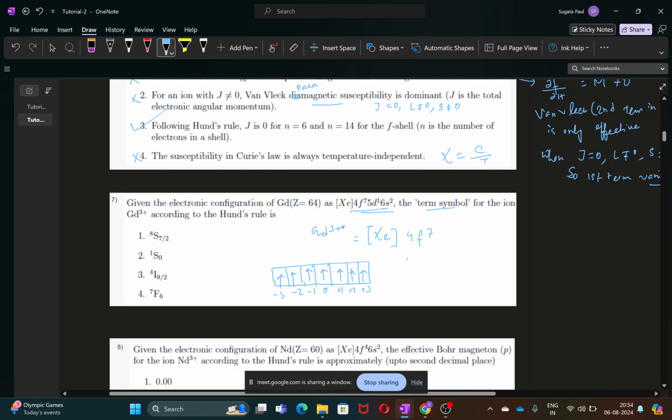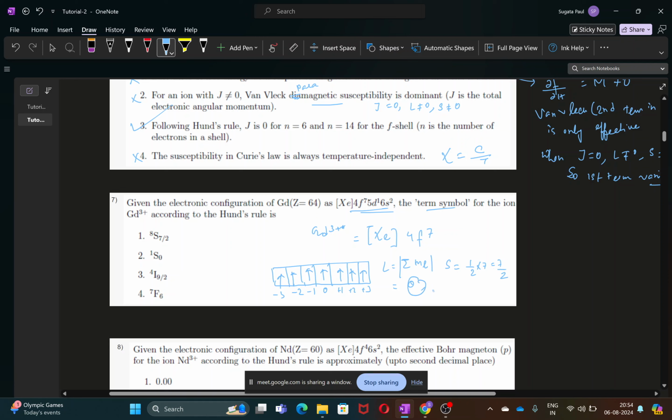Now you have to calculate the L value. L is the summation over mod ml. Each electron occupies one of the compartments, so the total net summation will be 0. And S is half for each compartment, and there are 7 compartments, so this is basically half into 7, which is 7 by 2.